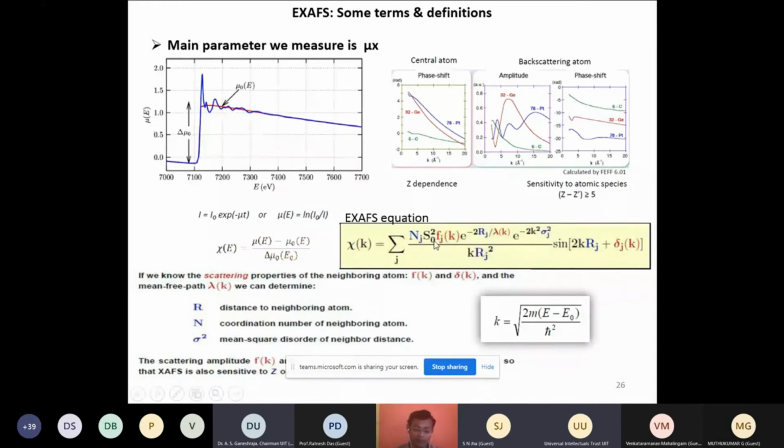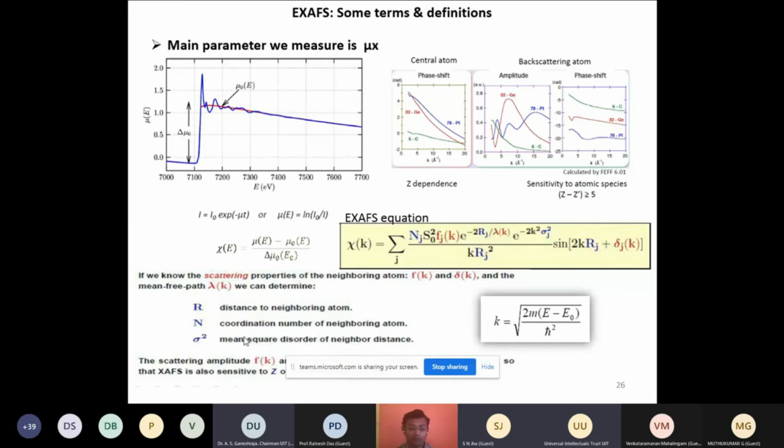Then the scattering factor F. Then this is the Debye-Waller factor, and this is the decay parameter, and this is of course the sine of 2kR plus delta, which is a function of the bond length as well as the phase shift due to the backscattering atom. So with this equation, these are the parameters which can be determined from the analysis.